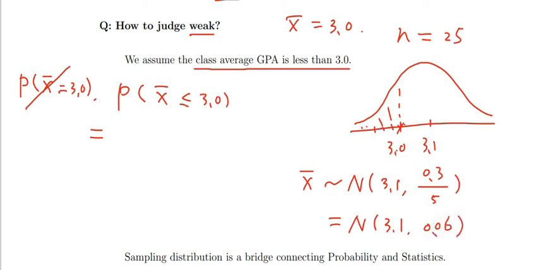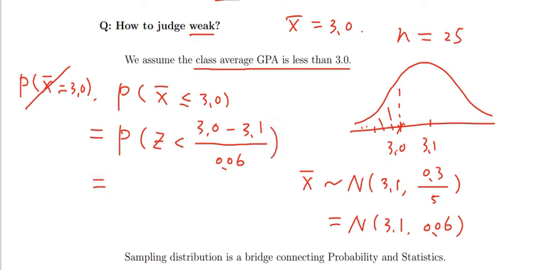So we know the class average should follow this normal, mean is 3.1 and standard deviation is 0.06. Then what is this probability? We change this to z: less than 3.0 minus mu 3.1 divided by sigma 0.06, right?